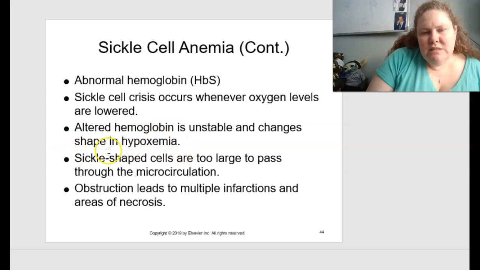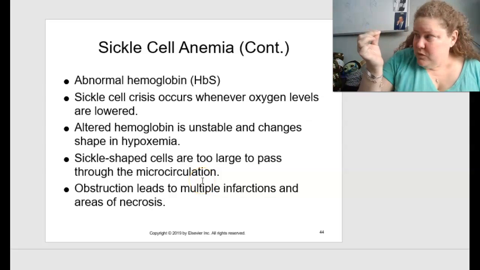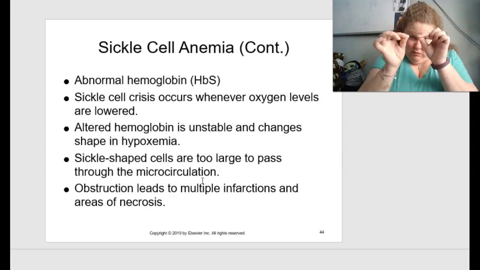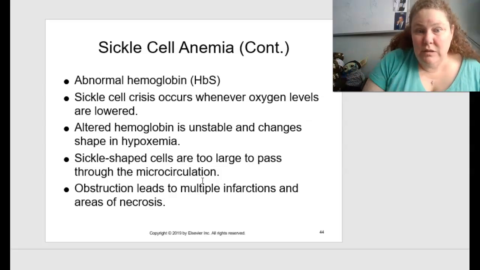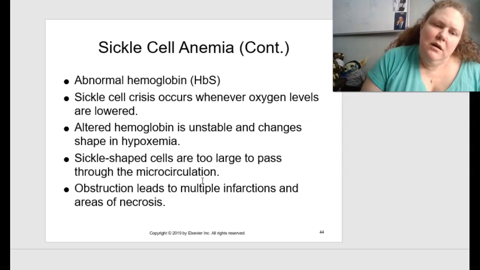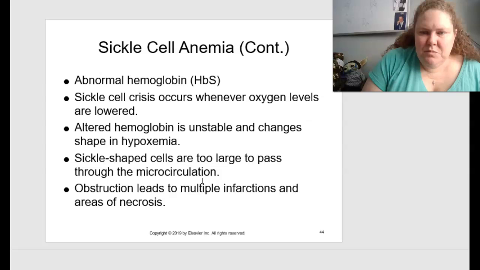You can also have sickle cells that are too large to pass through the microcirculation, because remember, we're talking 8 microns, which is about the width of a hair, or your hair itself is about 8 to 10 microns. So you're talking really small. And then also this obstruction can lead to multiple infarctions and areas of necrosis.